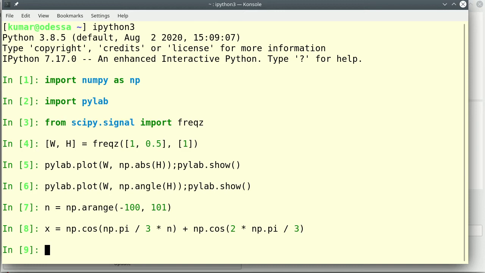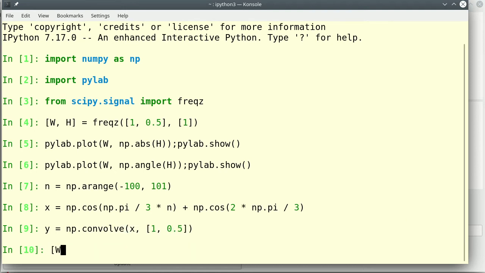So this is the summation of two frequencies. I am going to pass this through my filter and then analyze the response of the output. So I am going to get my output to be np.convolve x with 1, 0.5. Now let's look at the frequency response of y.